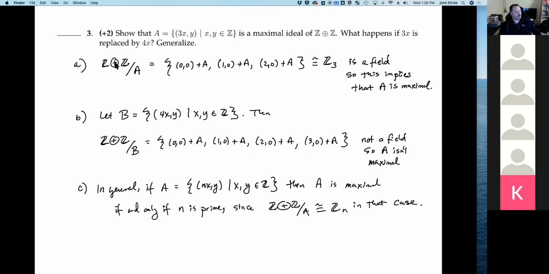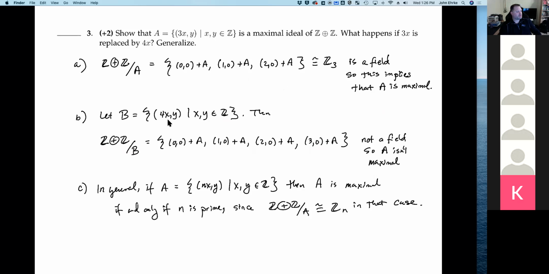So this is where that R mod A theorem really comes in handy. I know that since this forms a field, this will be maximal. And you can clearly see, I'm not using a theorem to tell me that this is isomorphic to Z3. You can just clearly see that there's a mapping from the elements 0, 1, 2 mod 3 onto the elements that are in this coset. It's just clear that this is Z mod 3.